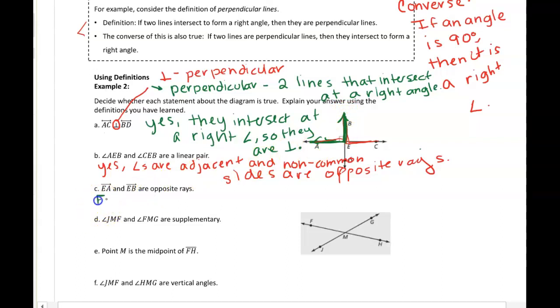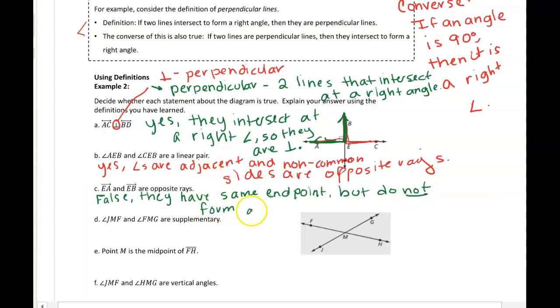So I could say false. They do have the same endpoint, but do not form a line. Remember, to be opposite rays, together they have to form that line.